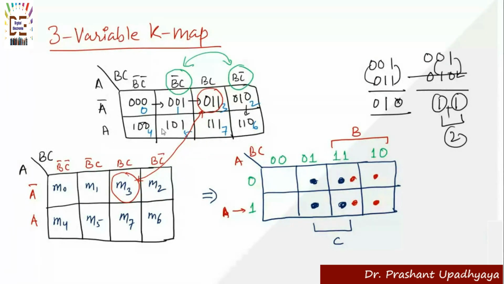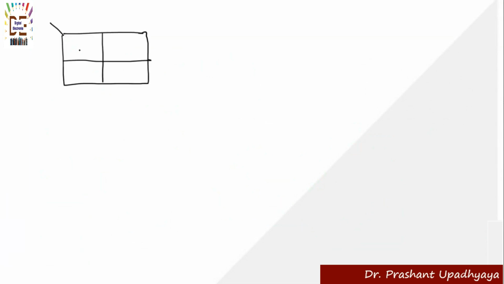So what is the concept of a K-map? The concept is that if you are in this block and you move to the next block, it should be one distance apart. If you are moving here, it should be one distance apart. Means you have to check this.